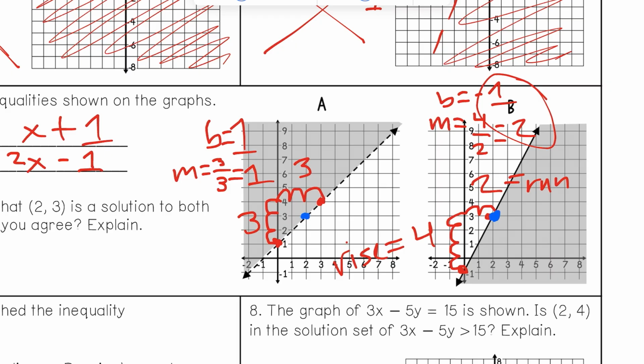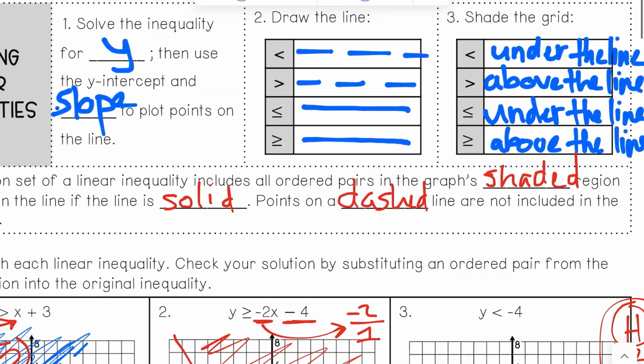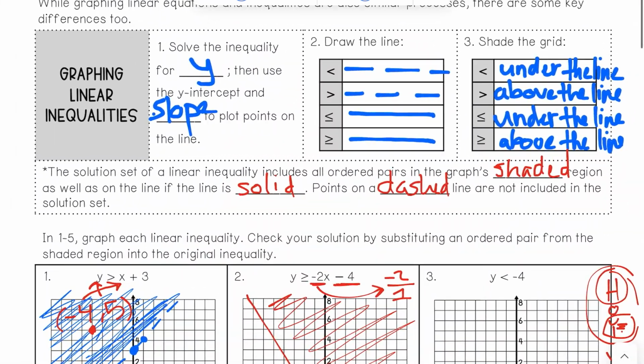So let me think. I know that solid lines are included in the solution set. It says on the line if the line is solid. But it says points on a dashed line are not included in the solution set.